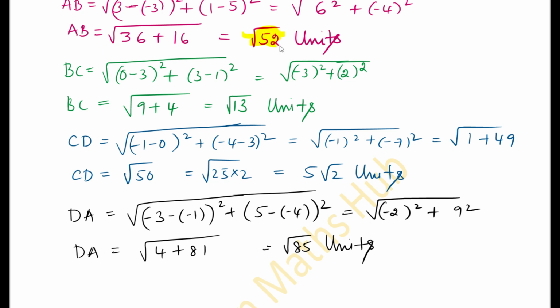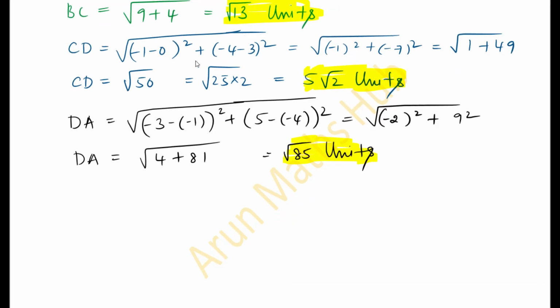Students, we have got AB as root 52 units, BC as root 13 units, CD as 5 root 2 units, and DA as root 85 units. You can observe that the length AB is not equal to BC, which is not equal to CD and not equal to DA.